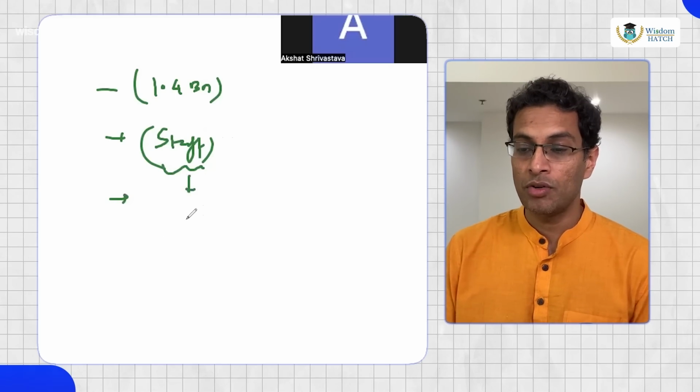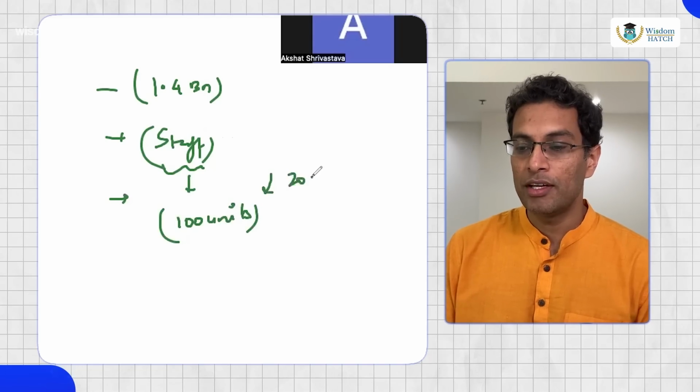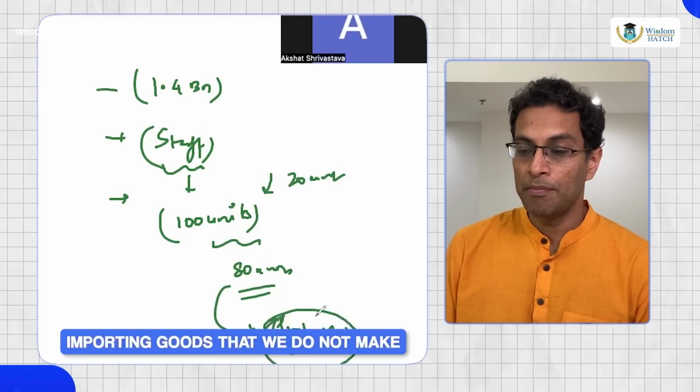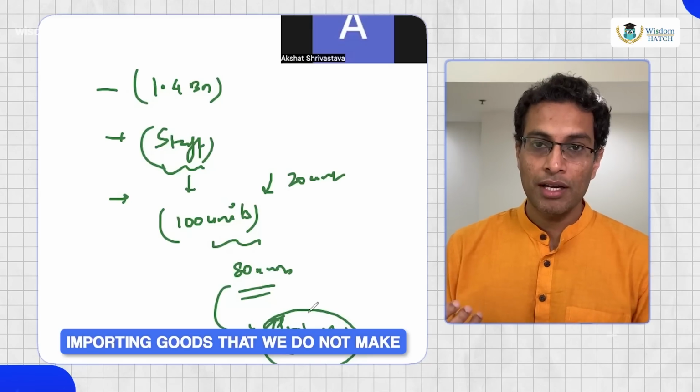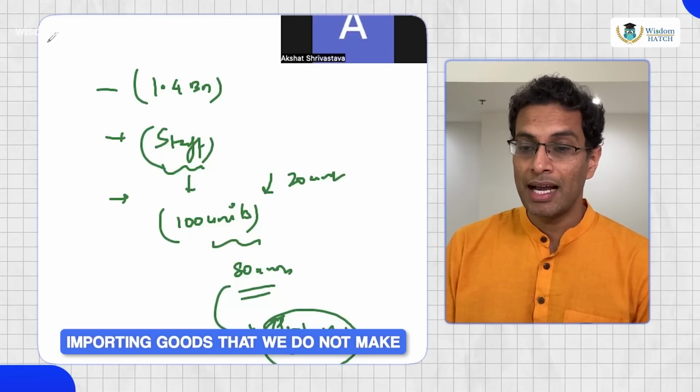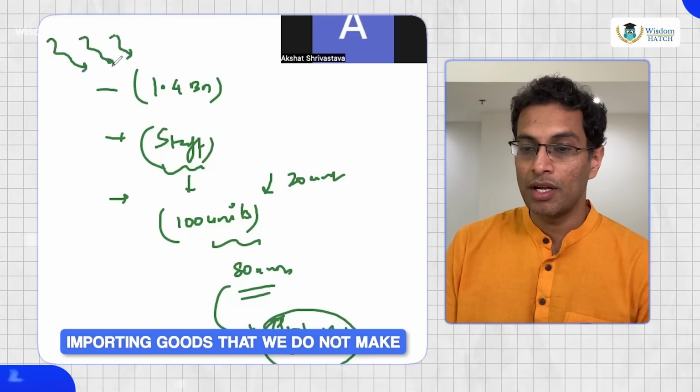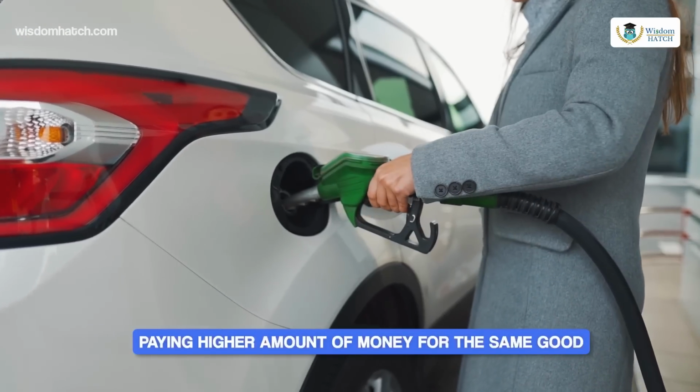For example, मान के चलो कि if we have like 100 units of energy demand, now we are only producing let's say 20 units. Where is the rest 80 units coming from? Well, it is coming from imports. Imports मतलब that we are getting that 80 units of deficit oil from some other country. Now if the INR keeps on falling like this, okay, so every month you are getting a higher bill because अभी आपने 85 rupees पे खरीदा, कल को गिर के एक महीने बाद 90 rupees हो गया INR.